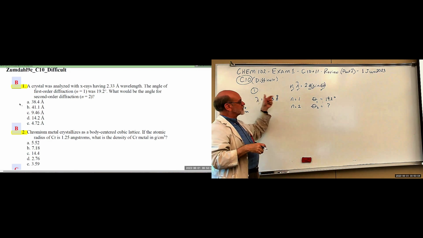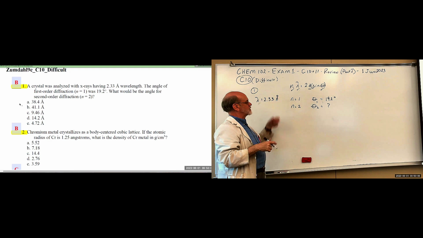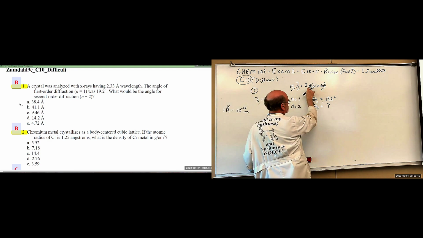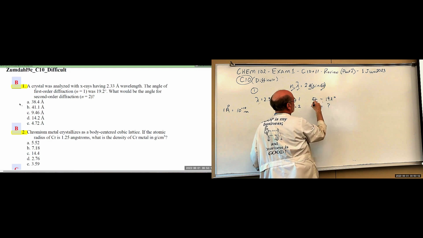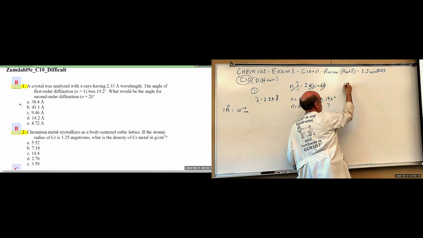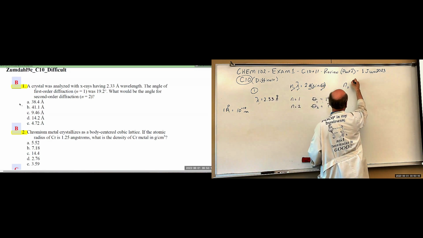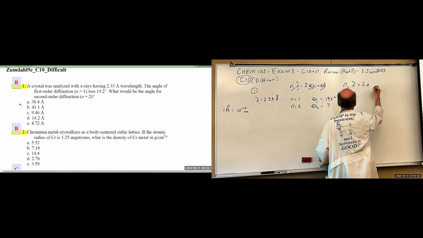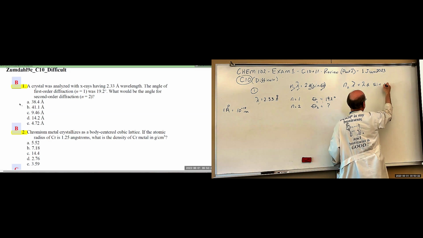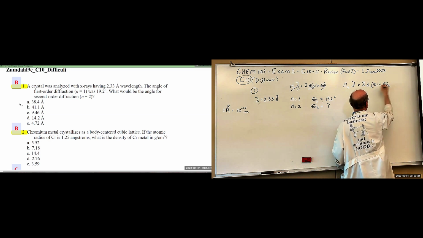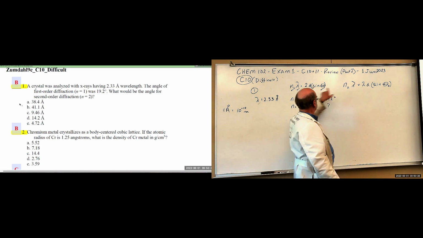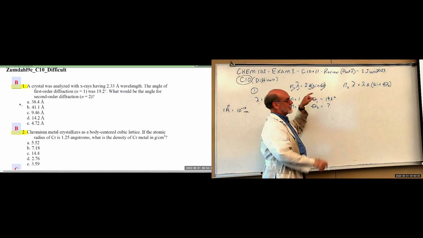Or we can solve the 2 equations if we just make this one 1, that one's the same, this one's the same, this one's 1, and then set up another equation over here, n2, with the same x-rays and the same distance, and then sine theta 2. And we can set everything equal to D on this side and that side.